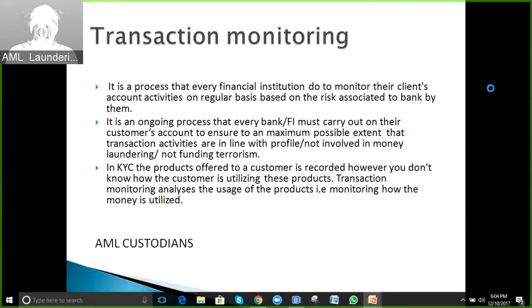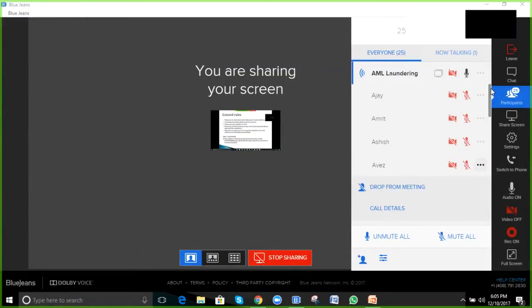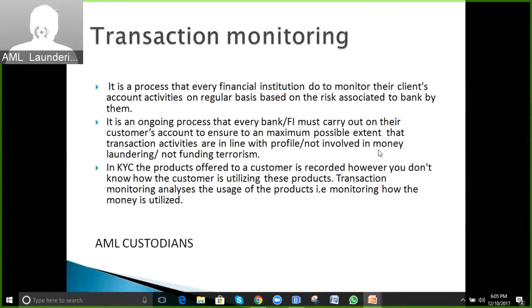Yeah. So we have already discussed the first two points, and the last point is, in the KYC, the product offered to a customer is recorded. However, you don't know how the customer is utilizing the products. The products may be investment products such as equity funds or hedge funds, or transactions.